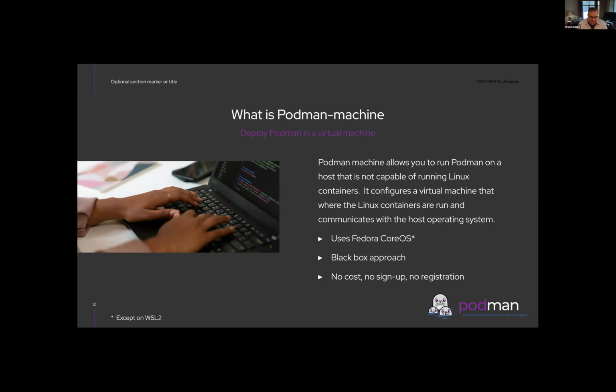It's basically a virtual machine layer that allows Podman to launch a Linux VM so it can run Linux containers. It uses a custom Fedora CoreOS that we build and release. It's really intended to not be interacted with other than with Podman, but people do.